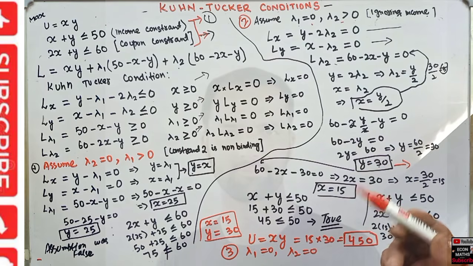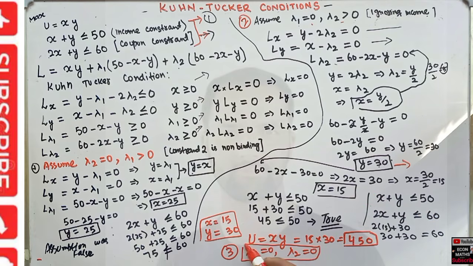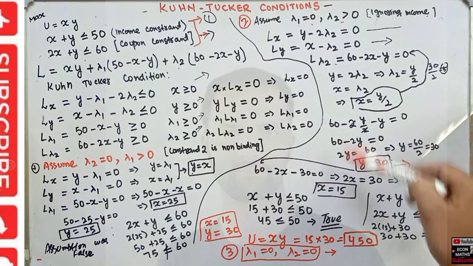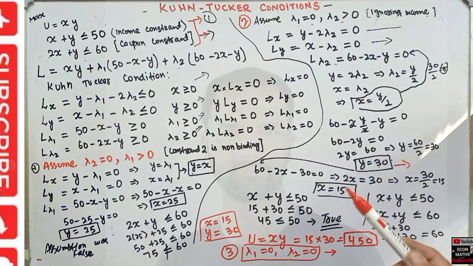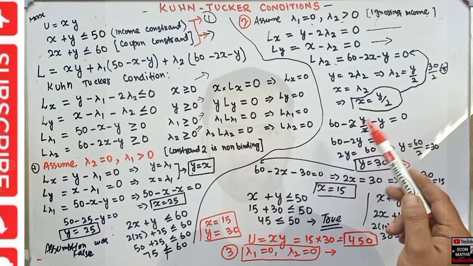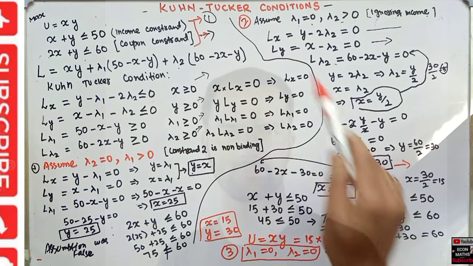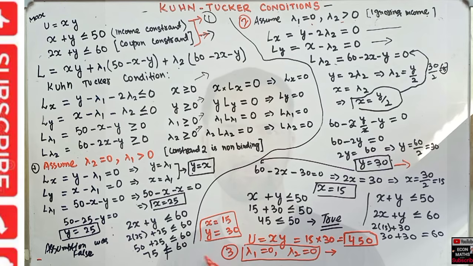We can use Lagrange's method, but it would have been more suitable to use the basic algebraic method in solving for the optimal values of x and y. Step 3 will be used only when this condition was not satisfied. If step 2 failed, then we could have gone to step 3, where we would have assumed lambda 1 is equal to 0 and lambda 2 is equal to 0.